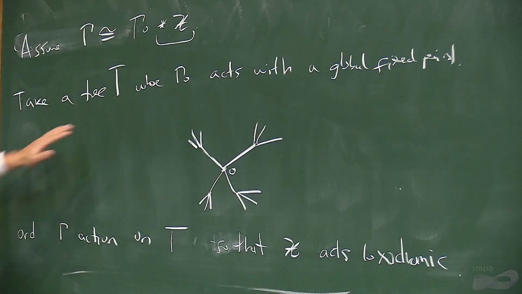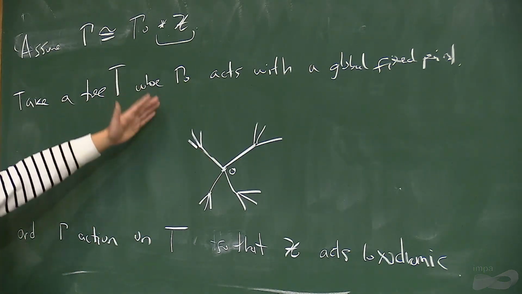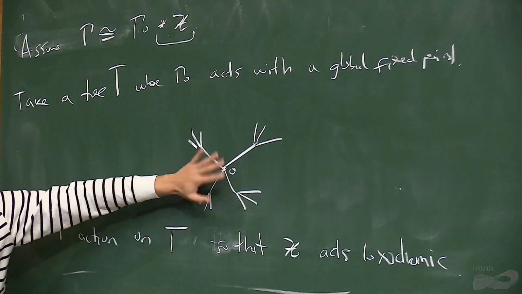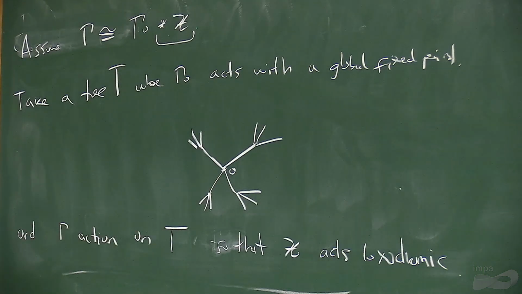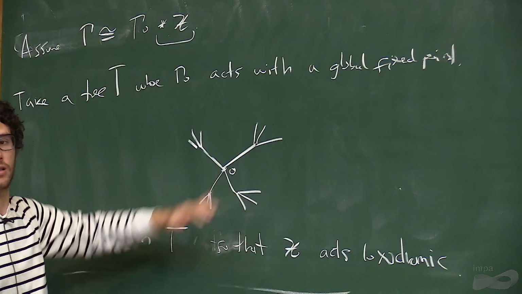But if you choose gamma 0 acting trivially, well, you get nothing, so you just have to make sure that gamma 0 does not act trivially in this tree, but has a global fixed point.